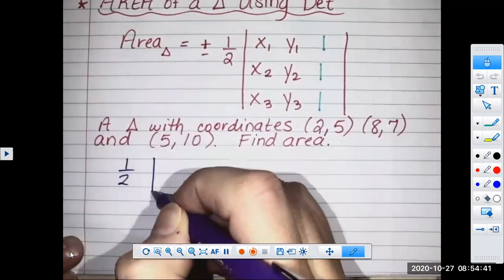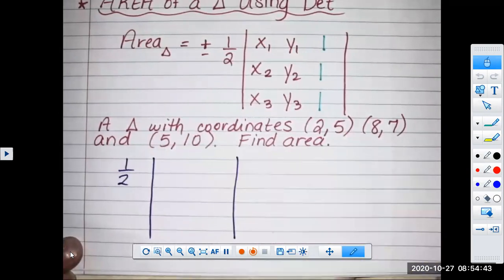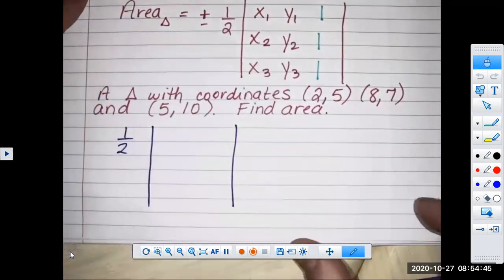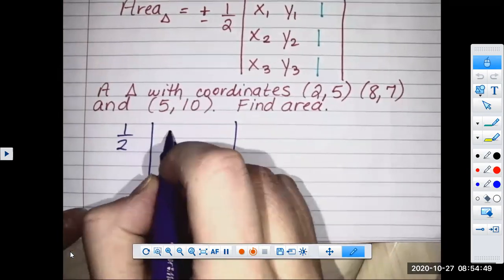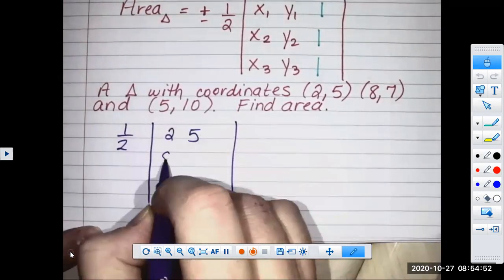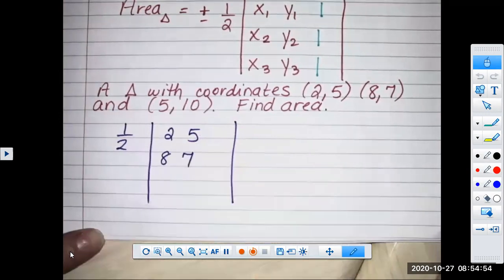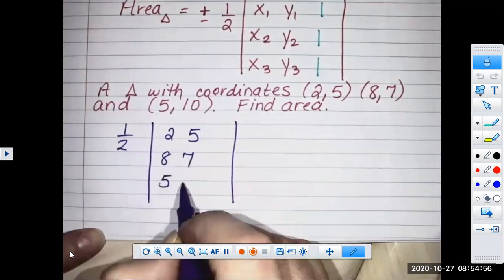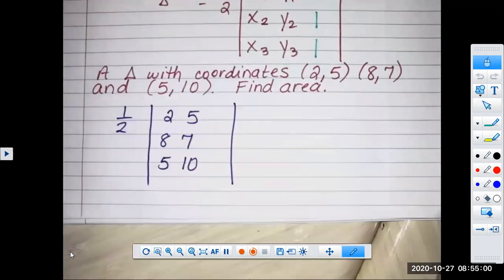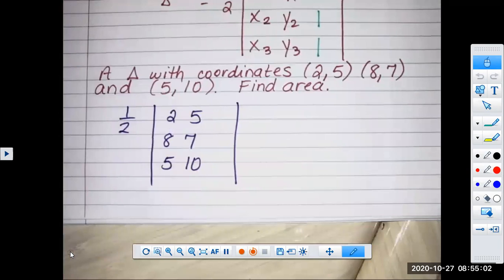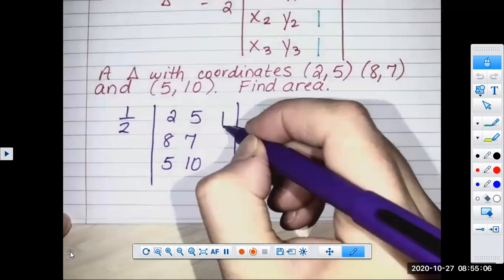You're going to do your 3 by 3 determinant first, and then you're going to take half of it. So taking half is the very last thing. And then what is down the right column? 1.